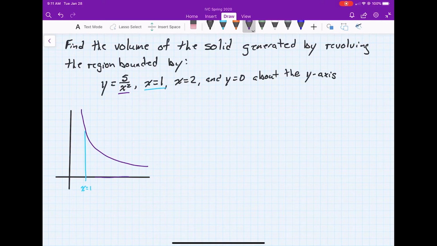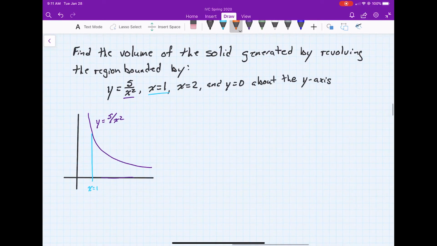X equals 2, we'll put it right over here. This doesn't necessarily need to be exactly to scale. It just needs to give us a general idea of what our region looks like. So here's x equals 2. And then, of course, we have this section, which is y equals 0.